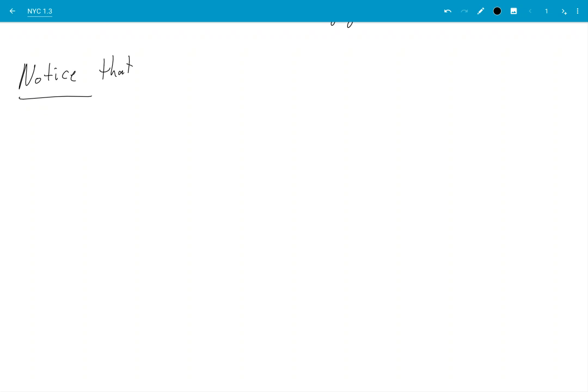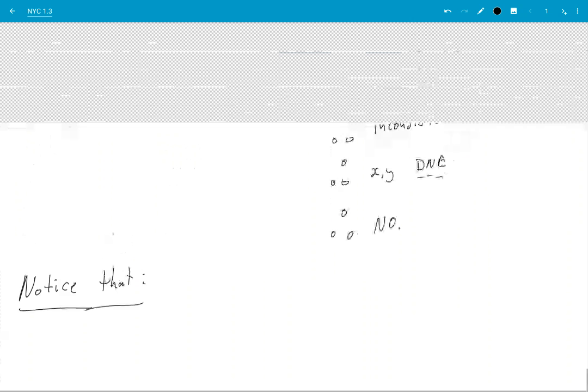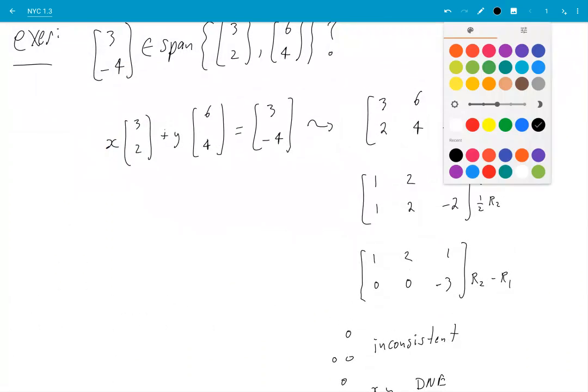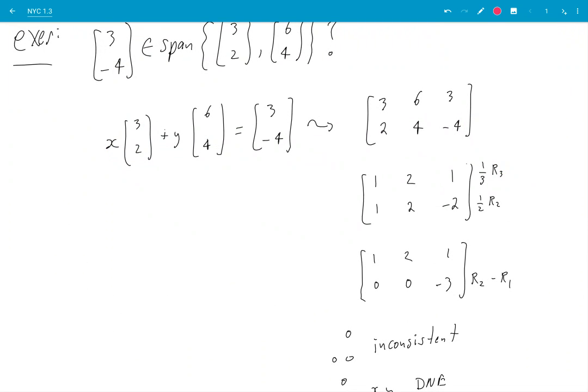What I'm going to write down is what we've done here. When you have an equation like this, you can think of it as an augmented matrix like this.